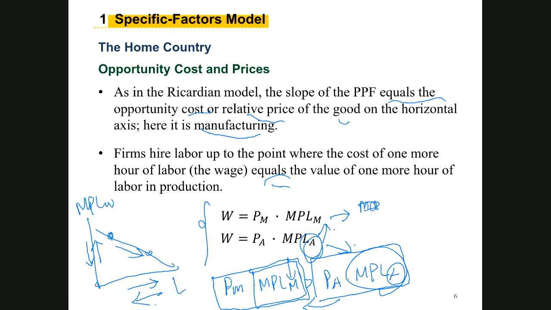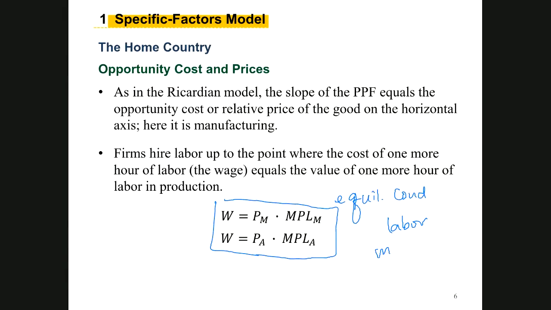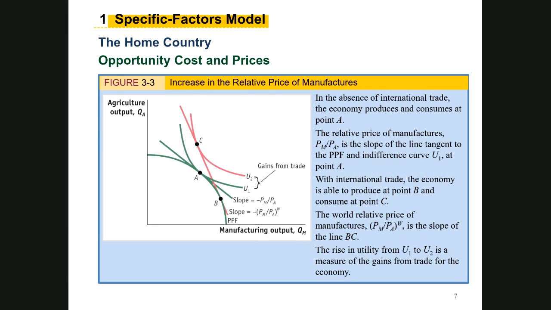So this actually is the equilibrium condition in the labor market. So let's think about trade. Everything is similar to the Ricardian model, except for one thing: diminishing returns to scale.